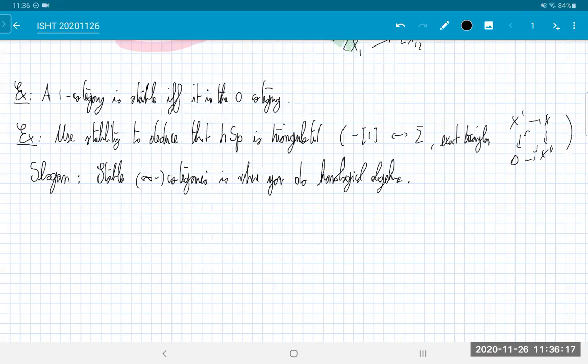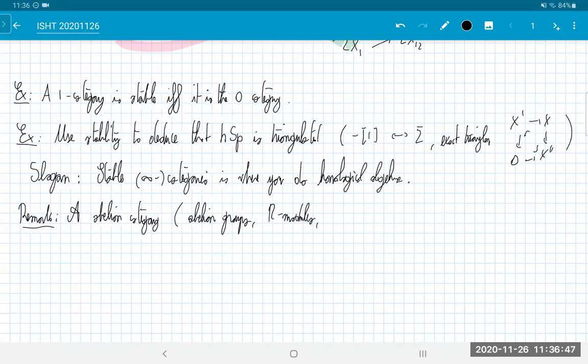But okay, let me give you a slightly remark that might make this stability property look more natural. So let A be an abelian category. So for example, abelian groups, or R modules, or sheaves of such, etc. Pick your favorite abelian category.